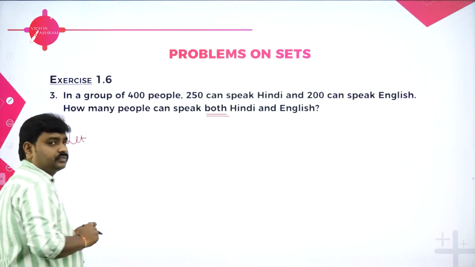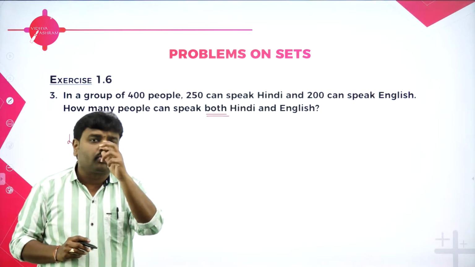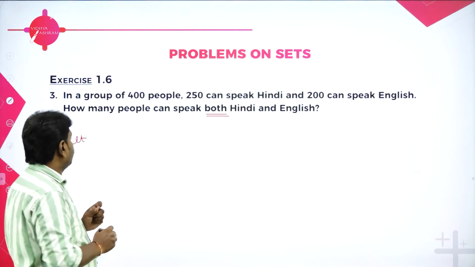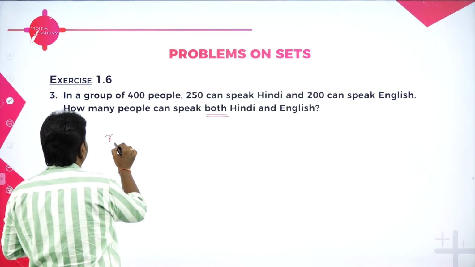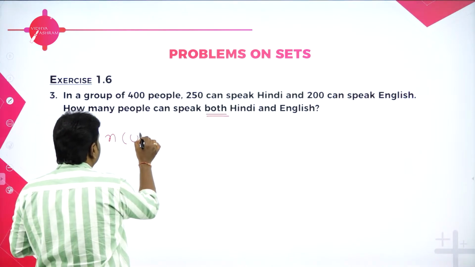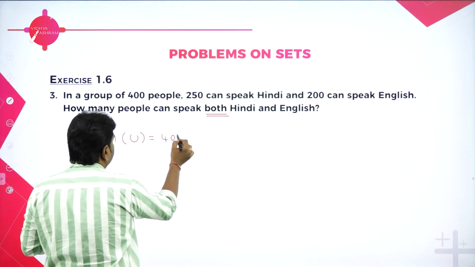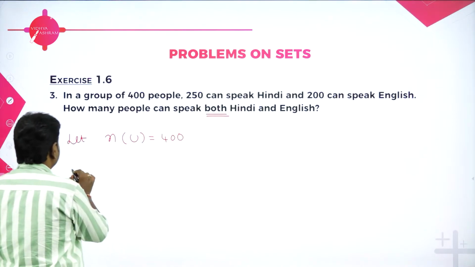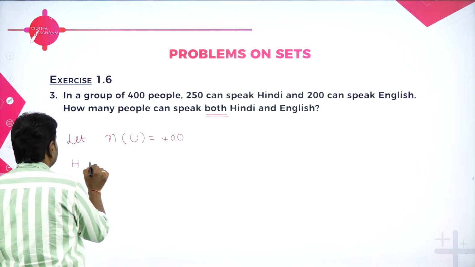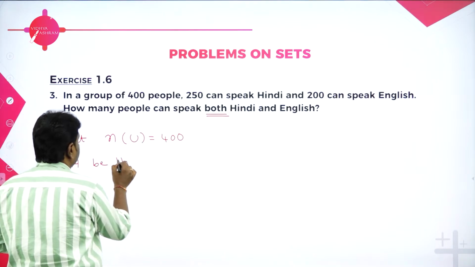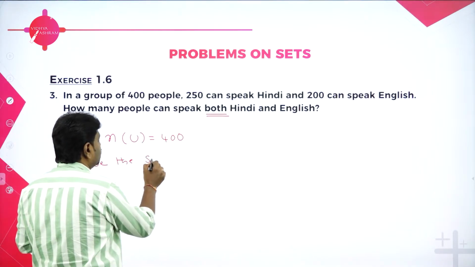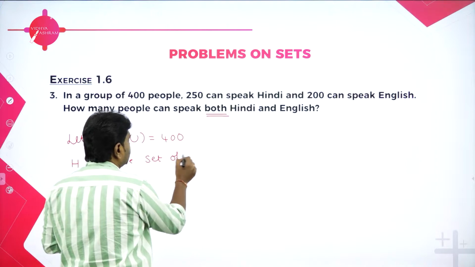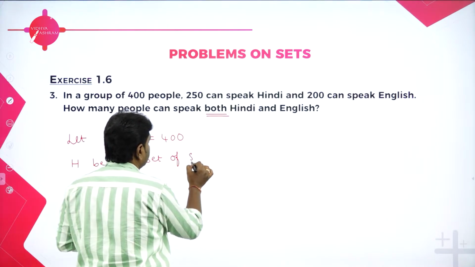In a group of 400 people, let n of u be 400. 250 can speak Hindi, so we'll assume H is the set of Hindi speaking people.